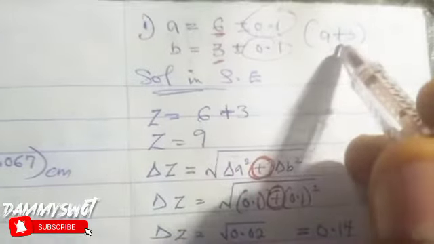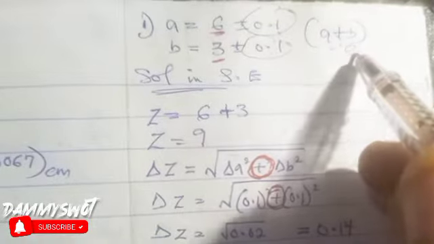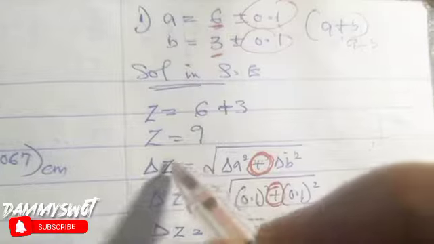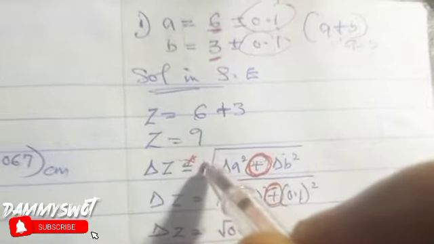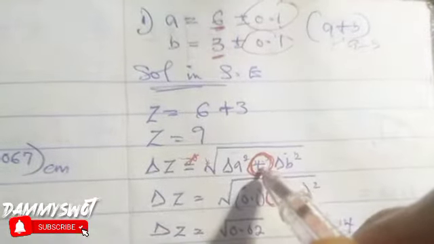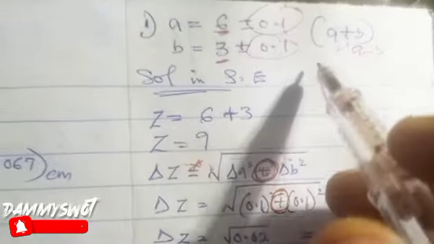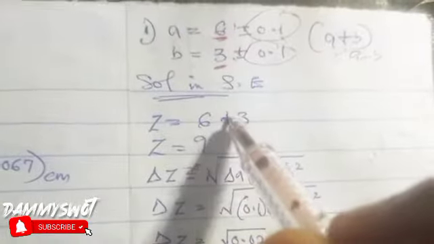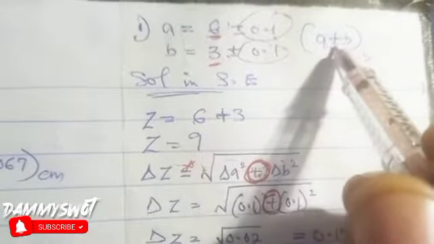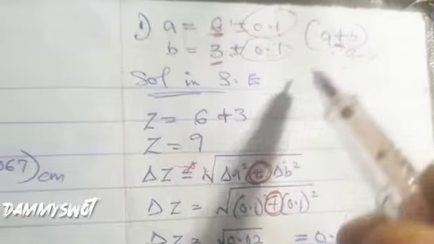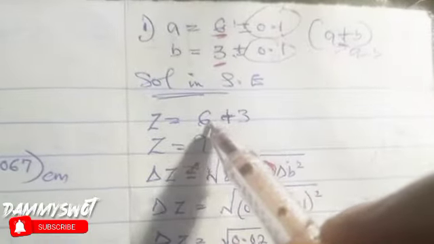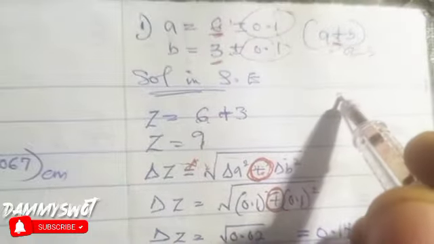Even if your question is saying find a minus b, at this point where you use this formula, it is still going to be addition. Don't worry, I'm still going to explain more on it. Now for your true values, you just add them together because it's an addition question. So you add them together. 6 plus 3, 9. That one will be on one side.